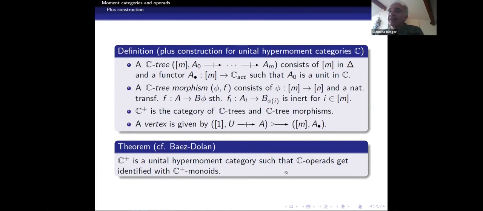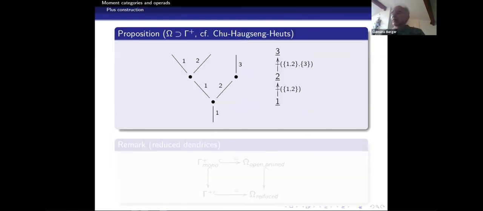So this means that you can represent operads by presheaves. That's the gain in this plus construction.